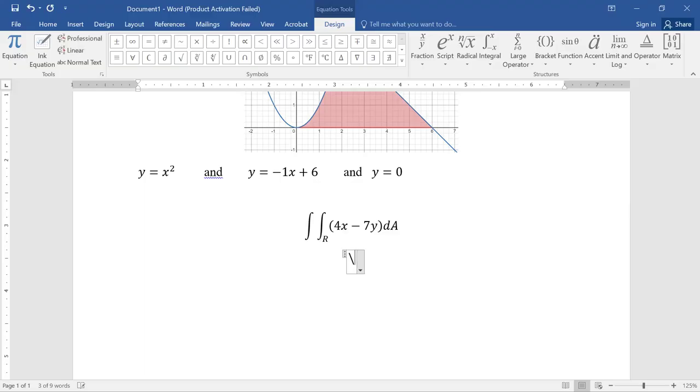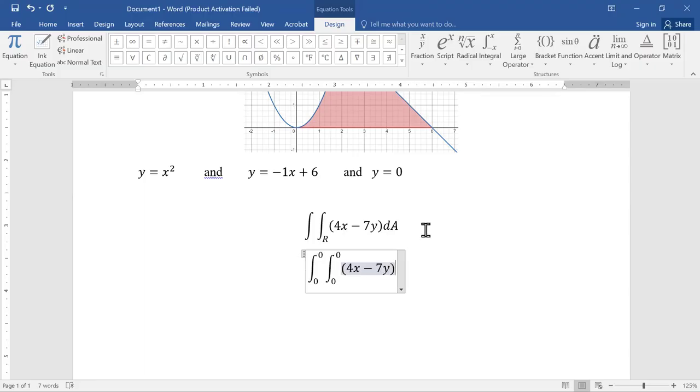So if I do that, my integration, I'm just going to put 0 and 0 as my bounds right now, and then I'll talk through my bounds. Integration of 4x minus 7y.